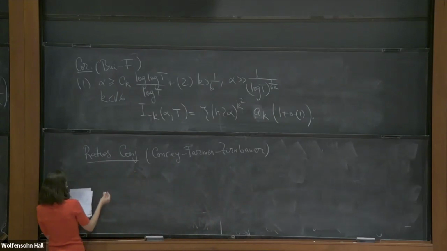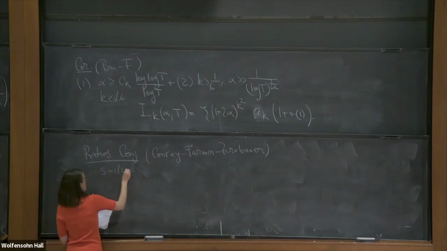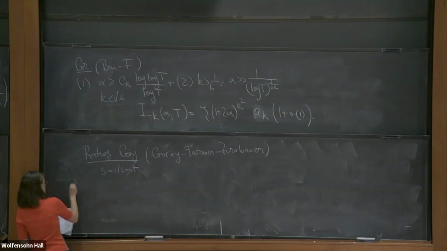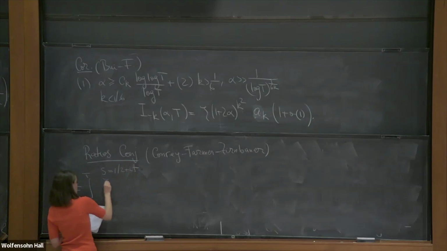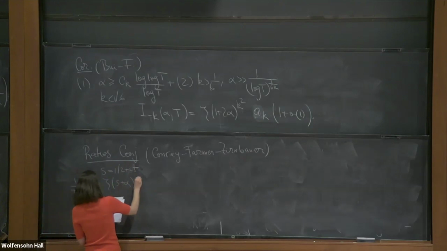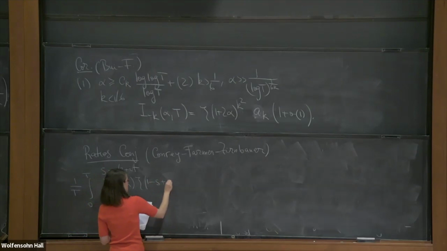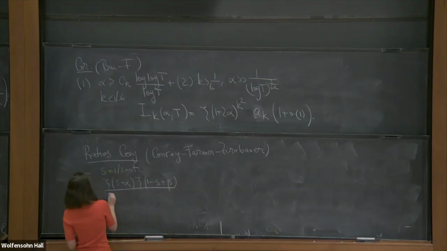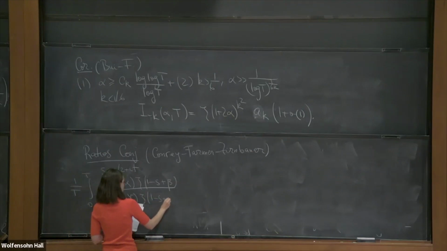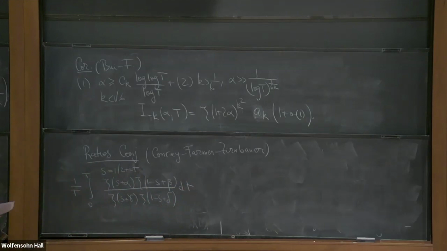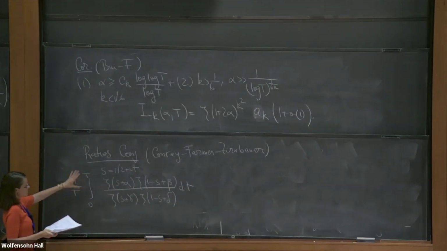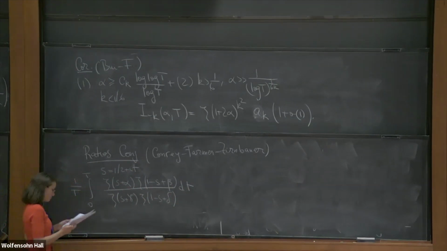So here, s is on the critical line, and you're looking at integrals of the form zeta of s plus alpha, zeta of 1 minus s plus beta, divided by zeta of s plus gamma, zeta of 1 minus s plus delta. I won't really write down what the conjecture tells you. It's a bit complicated, but they write down precise formulas with a power saving error term.